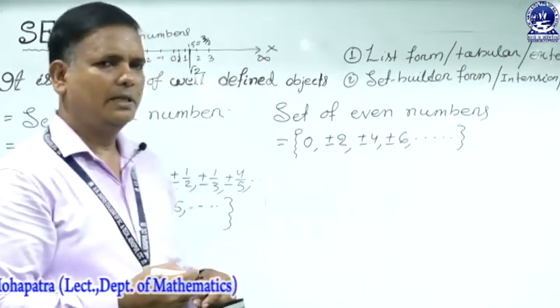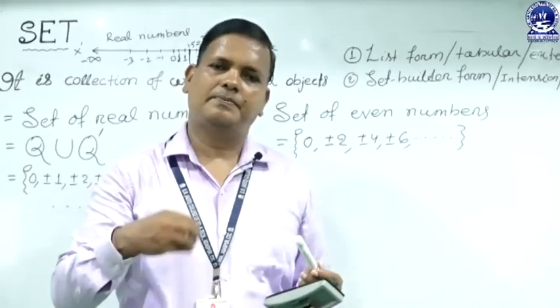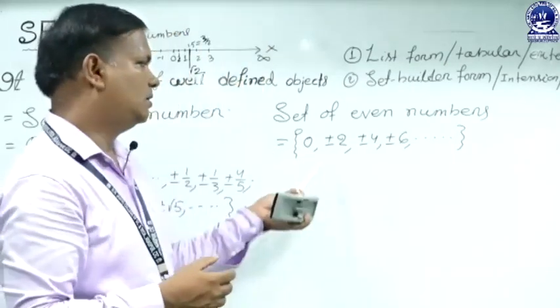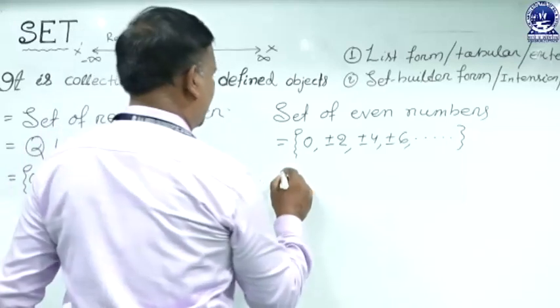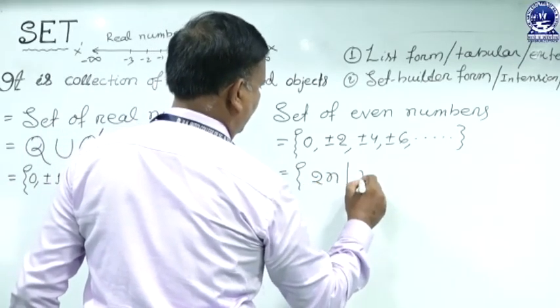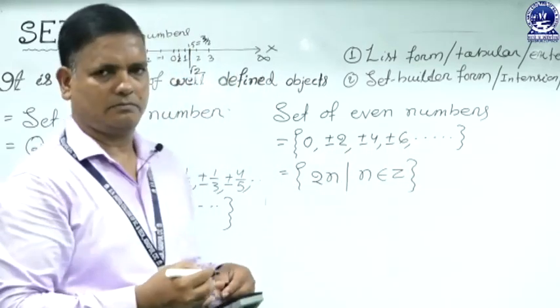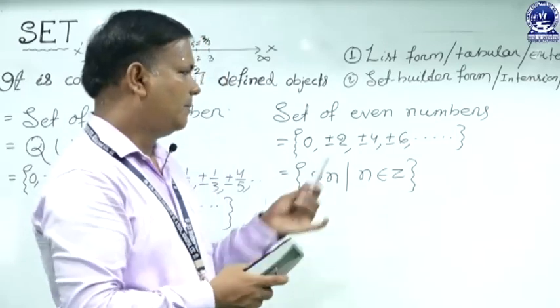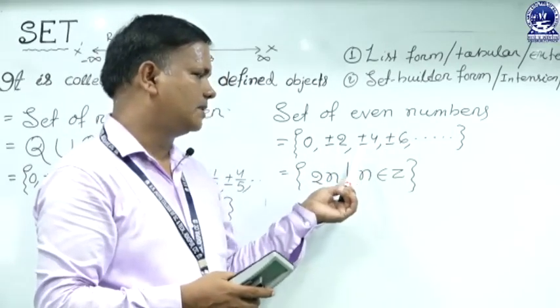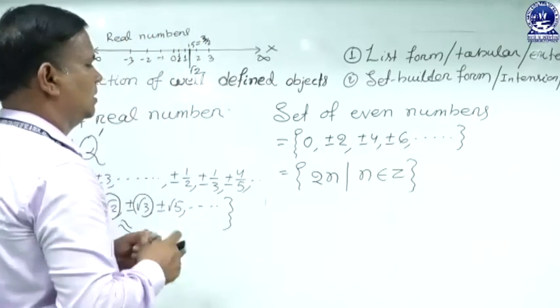A set can be expressed in two different ways. This is the list form. If we take 2n, so that n belongs to Z, it is the set builder form of even numbers. That means even numbers can be represented as 2n.